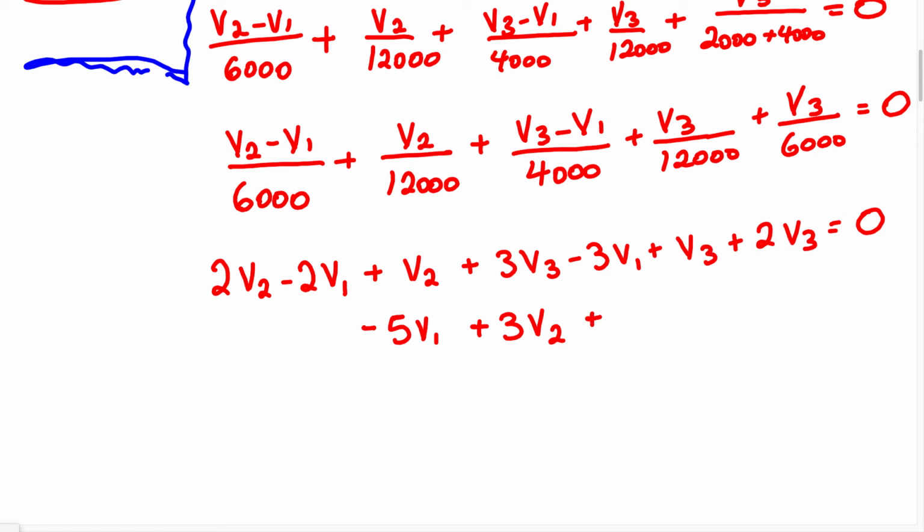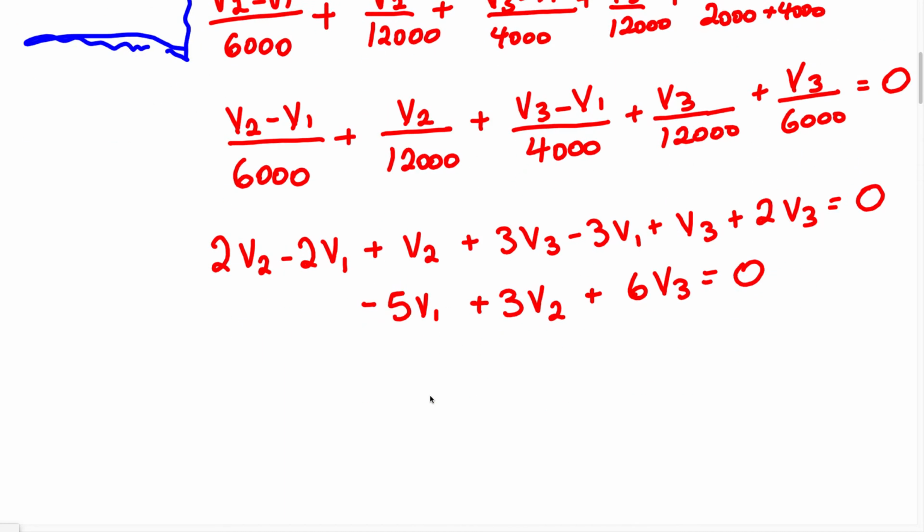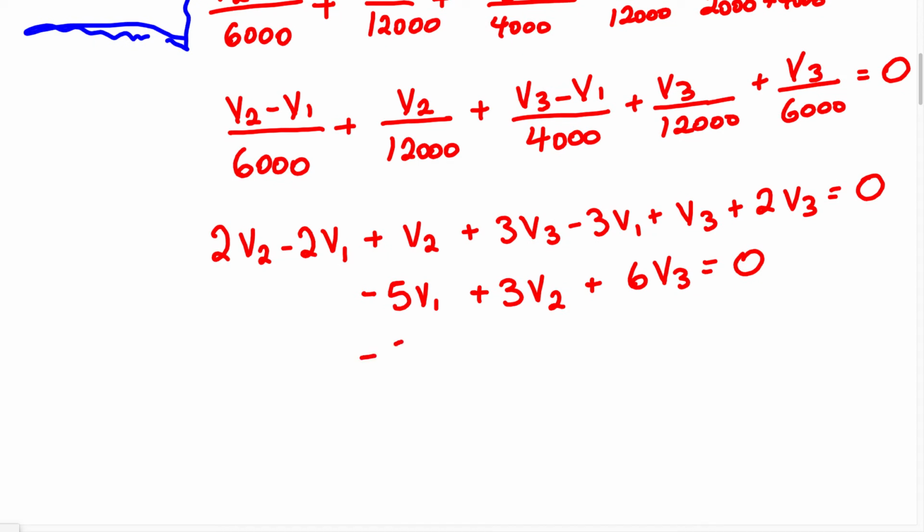That's going to give us plus 6V3 equals 0. We know the value of V1. We just found that, it's 6 volts. So we're going to substitute 6 everywhere we have V1. We're going to have negative 5 multiplied by 6 plus 3V2 plus 6V3 equals 0.